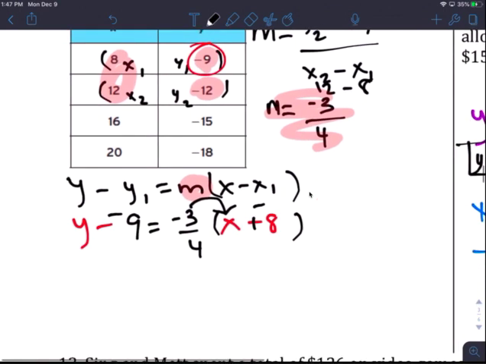Distribute. Negative 3 over 4x plus positive 6. If you put it in your calculator, you'll get a positive 6. Plus, plus. Minus 9, minus 9.